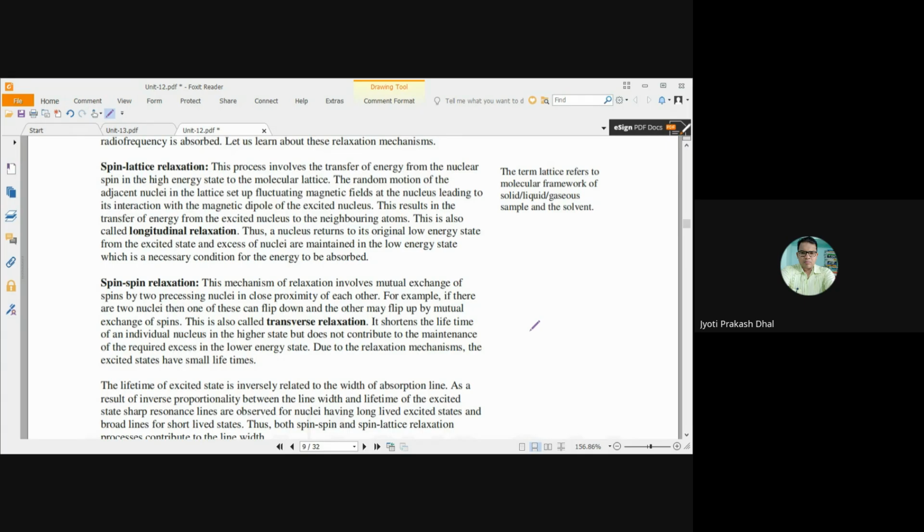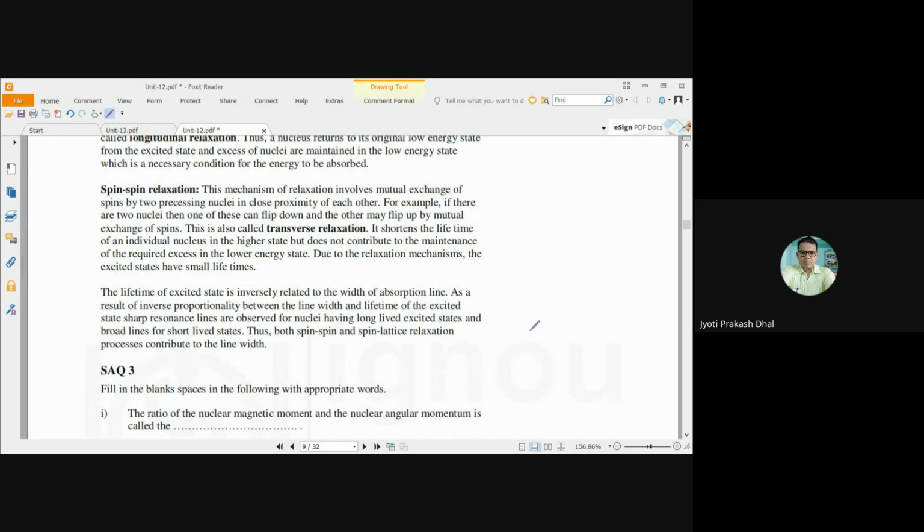This is also called longitudinal relaxation, and thus the nucleus returns to its original low energy state, and hence the population of the low energy level will again increase, and that will again absorb energy, and the resonance condition will continue. And the second type of relaxation is called spin relaxation.